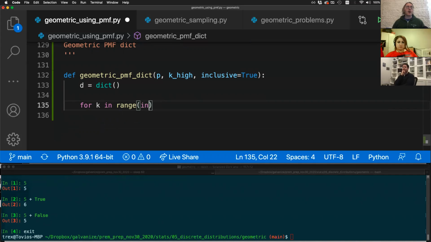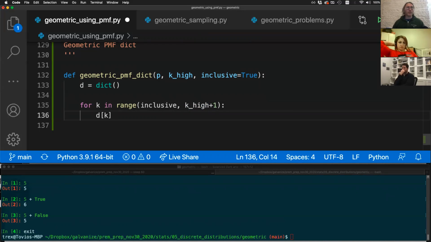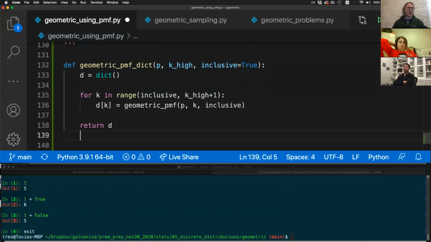So I'm going to start at inclusive, and I'm going to go up to k high plus 1. This logic is going to accomplish that: if inclusive, starting at 1, else starting at 0. It's going to do the same thing for us. And then I'm going to say d sub k. We're building a dictionary here, so I'm just going to load this with the results from the geometric Pmf with p, k, and whether or not we're being inclusive. We can return the dictionary.